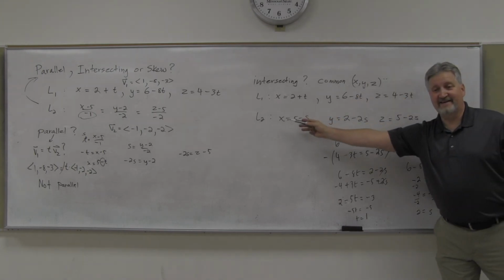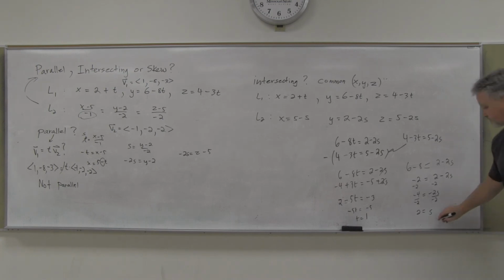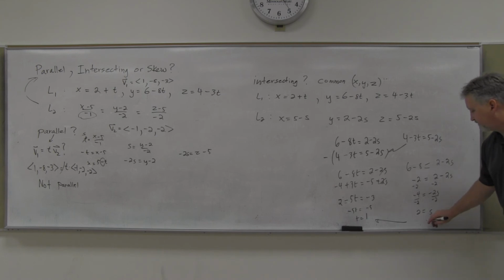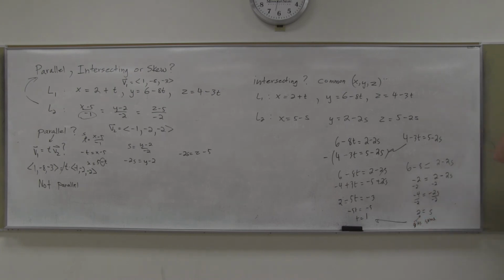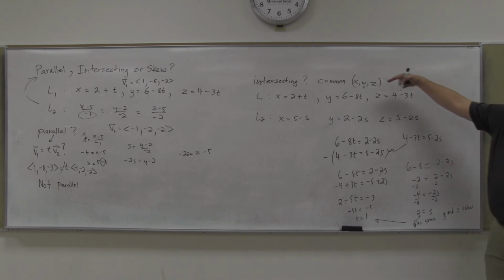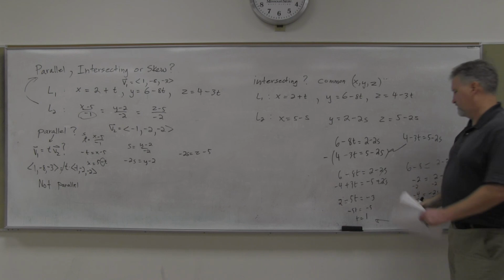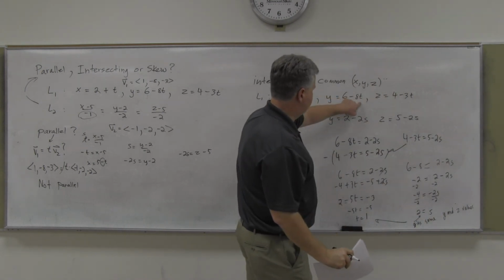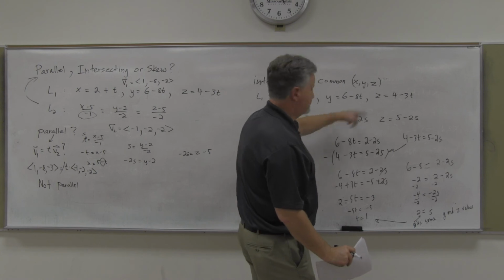I'd have to check that in the x's though. These give me the same y and z values. With t equal to 1 and s equal to 2, what would the y value be? 6 minus 8 is -2, and 2 minus 2 is -2.